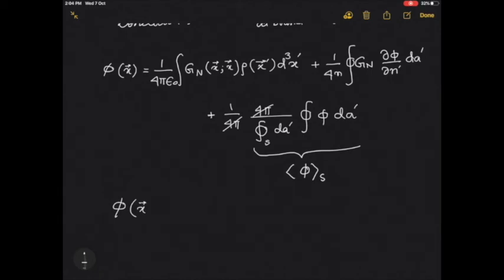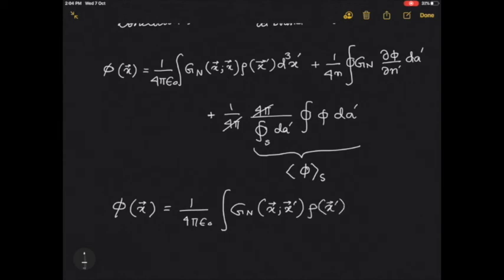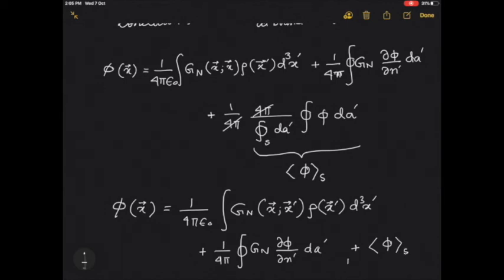So what I get is phi as 1 by 4 pi epsilon naught, these are all the business terms, plus a constant term which is phi s.